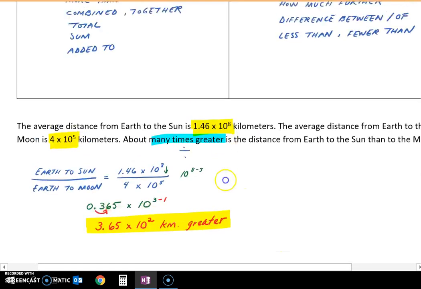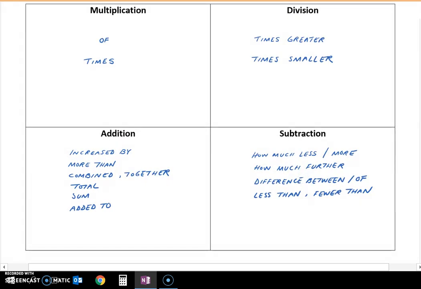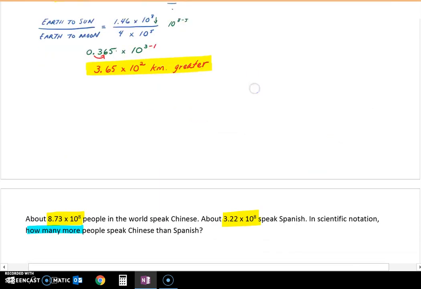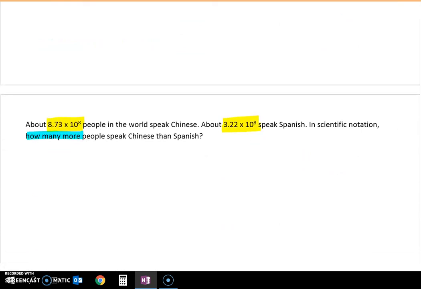So we're going to go back and see if we can find it here. So how many more is the how much less slash more. So that is subtraction. And hopefully you see that. I'm going to go ahead and write out the problem. So we have Chinese speaking and then Spanish speaking.